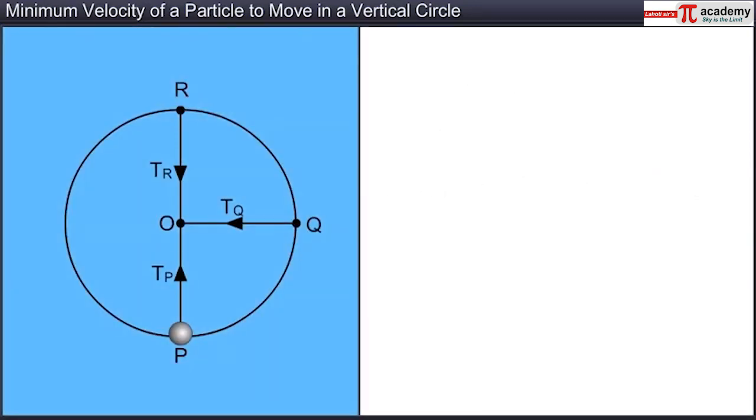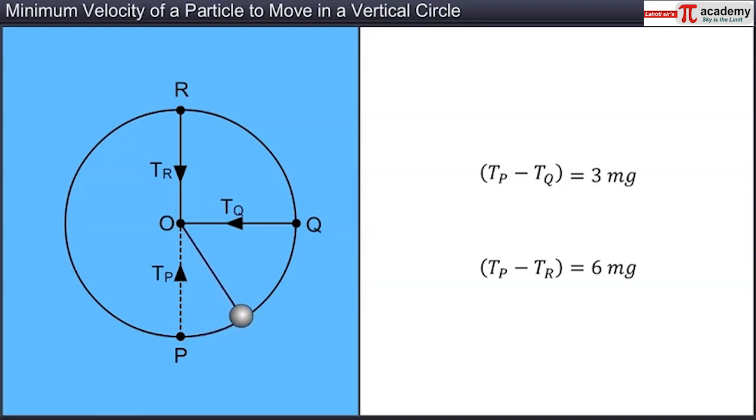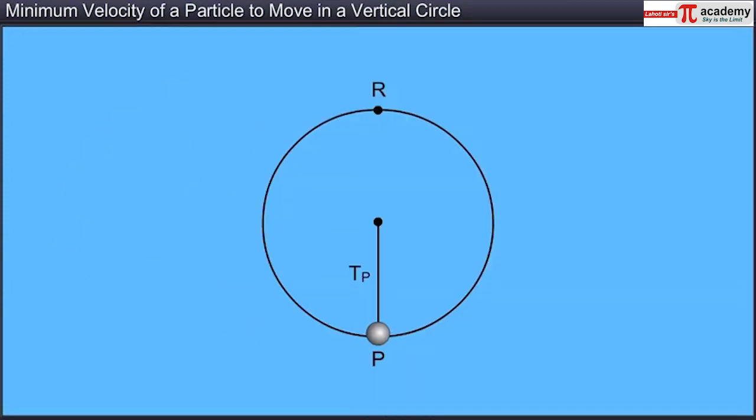Based on the values of Tp minus Tq and Tp minus Tr, we can say that the tension in the string decreases as the particle moves from the lowest point to the highest point along the vertical circular path. The tension in the string is maximum when the particle is at its lowest point P, but minimum when the particle is at its highest point R.